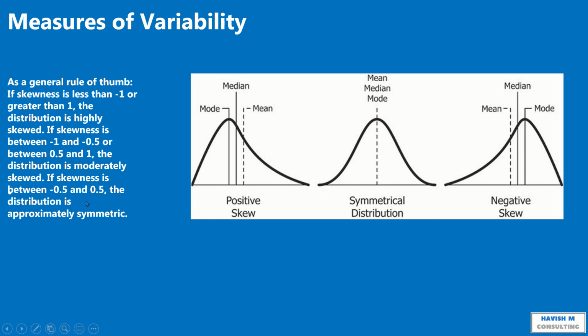As a general rule of thumb, in skewness, a symmetrical distribution is where we have a normal curve. If the skewness is less than -1 or greater than +1, we say it is highly skewed. Between -1 and -0.5 or 0.5 and 1 is moderately skewed, and between -0.5 and 0.5 is approximately symmetric. Depending on what the context is and what the requirement is, you will have to choose this.